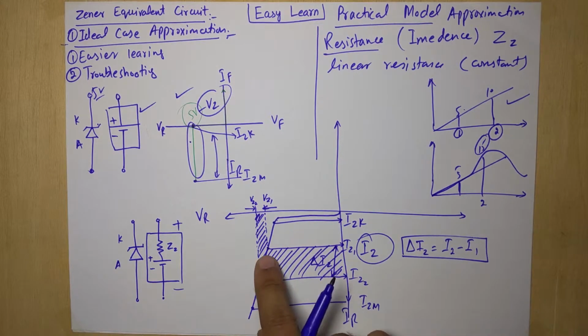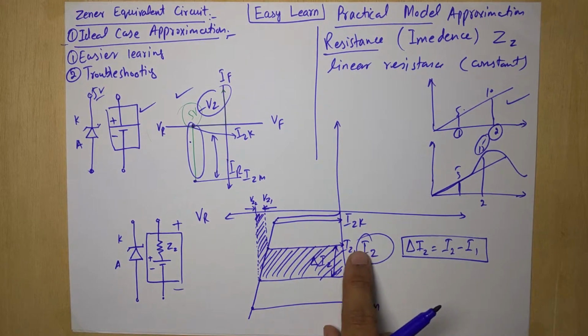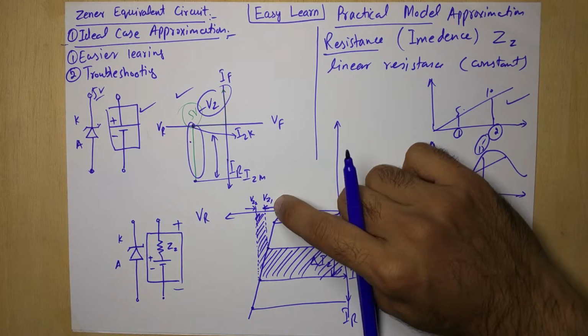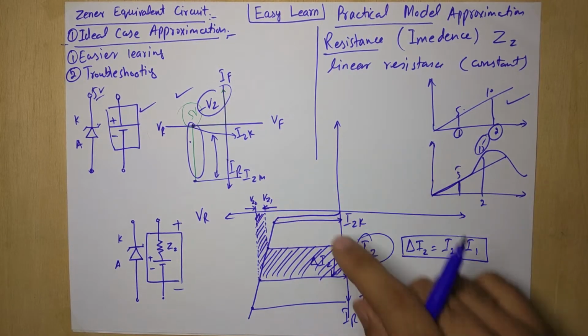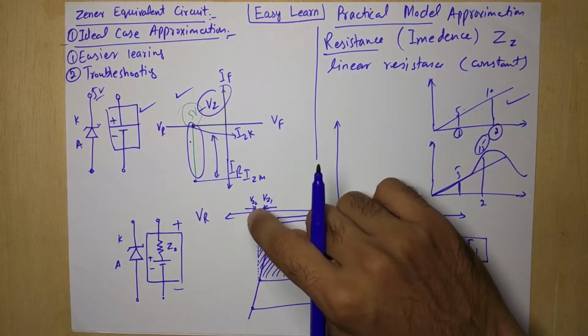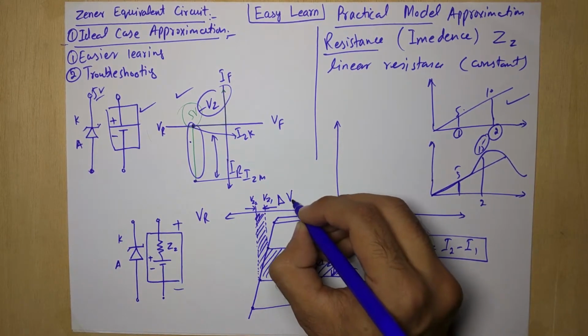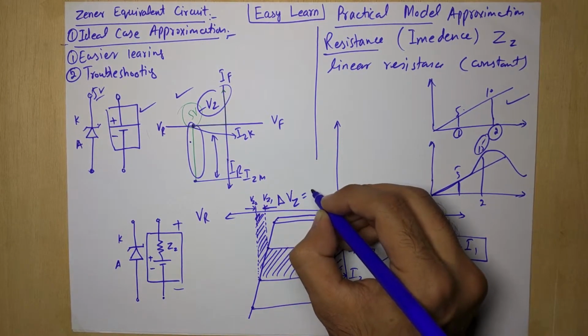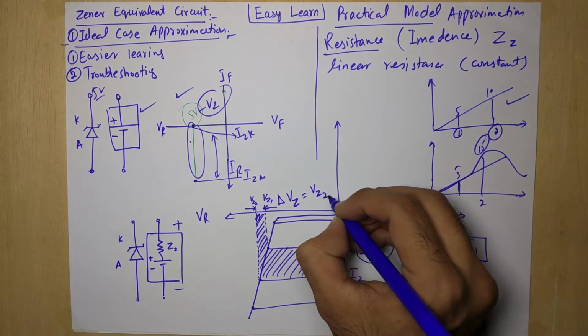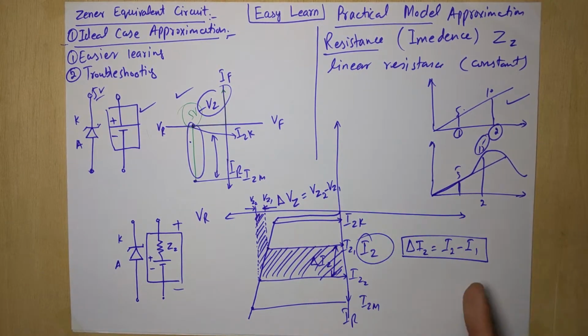Using this point we receive the regulated voltage VZ1, and using this point we receive another point, VZ2. So delta VZ is basically VZ2 minus VZ1, as in this case.